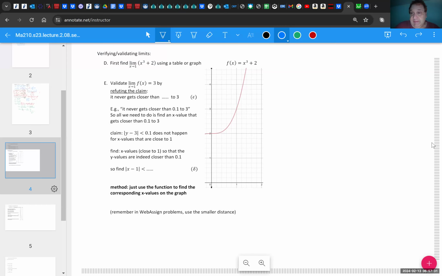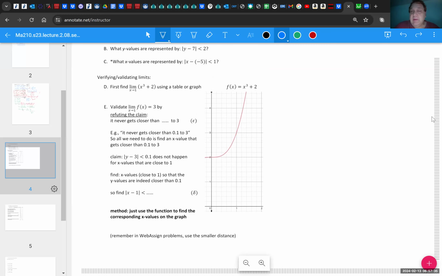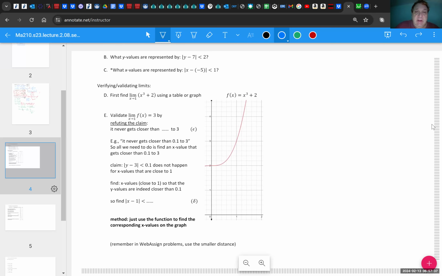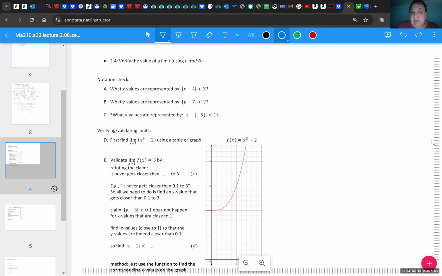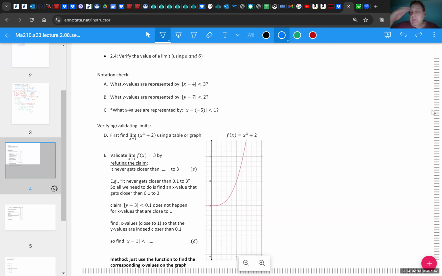So when we're doing a limit and we think we have an answer, 4 in the previous example, or in this particular case, we're going to be looking at a limit and we think the answer is going to be something, like 3 or something like that. How do we know that it's exactly 3? How do we know 3 is the right answer and it's not like 2.975 or something?